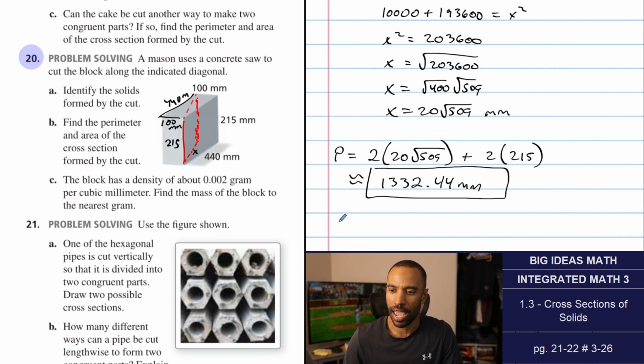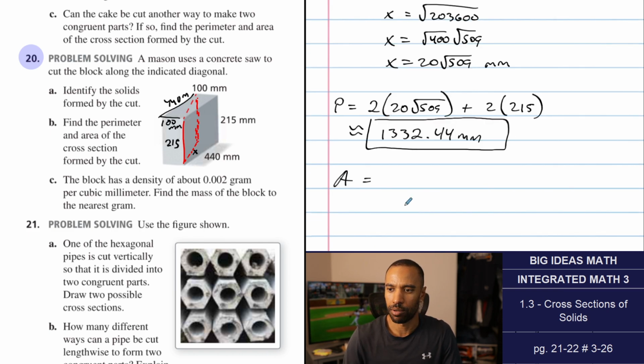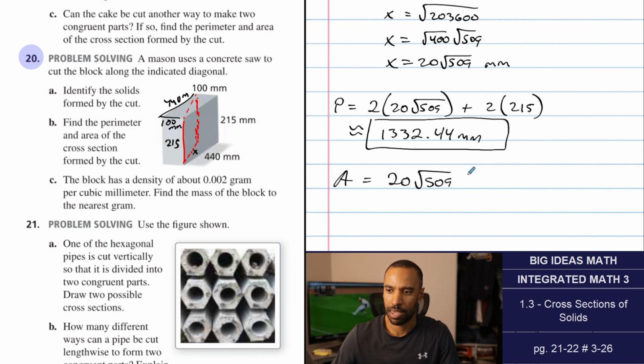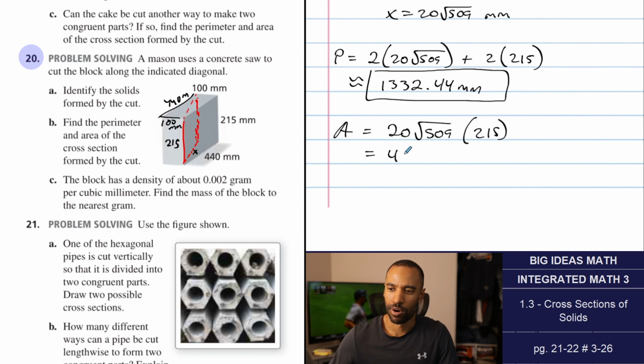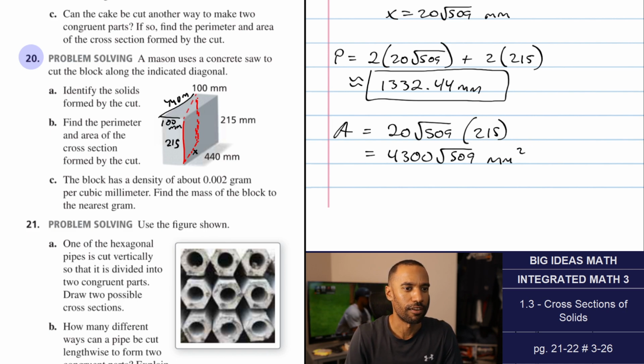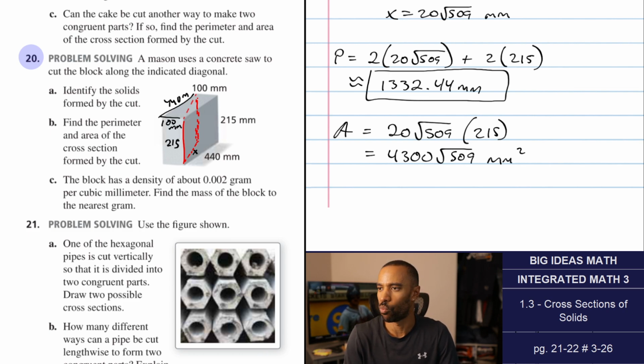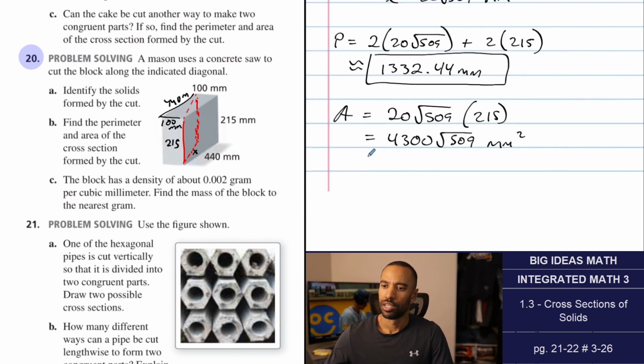So now we're good. Area is going to be base times height, length times width. So 20 root 509 times 215, or 4,300 root 509 square millimeters. That's the exact one. Let's figure that out: 4,300 times root 509 gives us 97,012.42189, so 97,012.